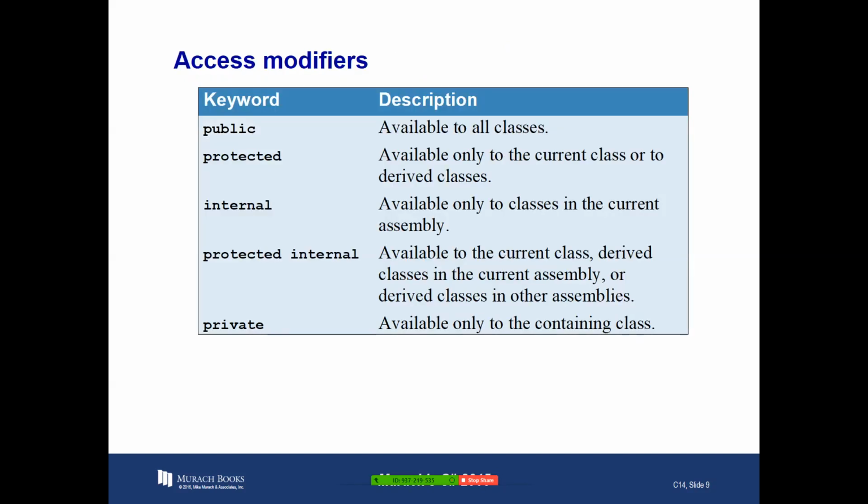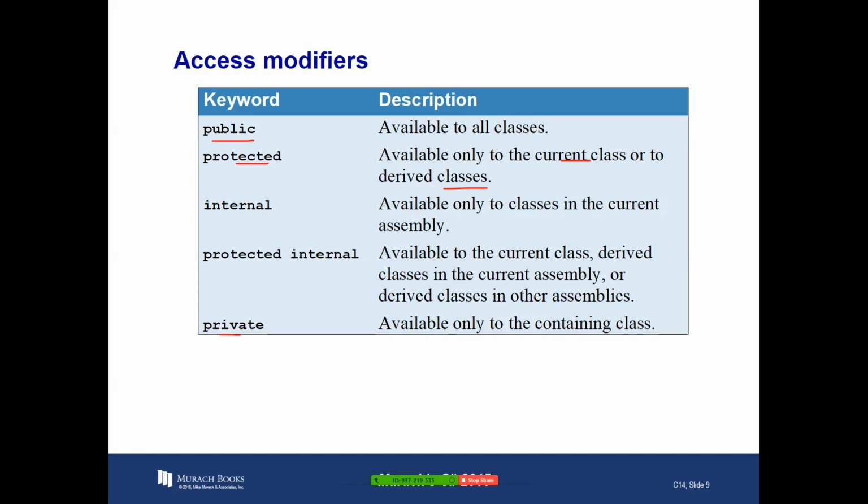So these are possible access modifiers, and we're familiar with public and private, but there's also protected, which means it's available only to the current class or its derived classes.